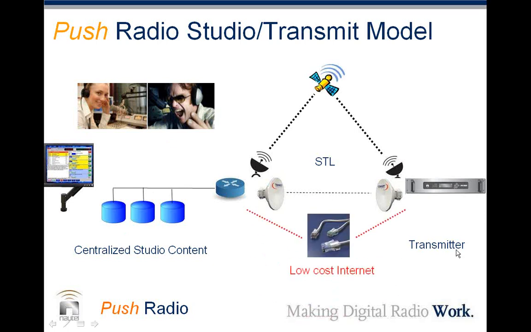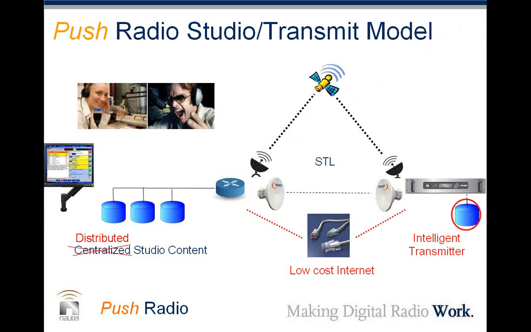What we do potentially is add a low-cost, real-time internet connection, and we change the transmitter to an intelligent transmitter, and we change the storage to distributed storage, and we move a USB hard drive or USB memory stick over to the transmitter.